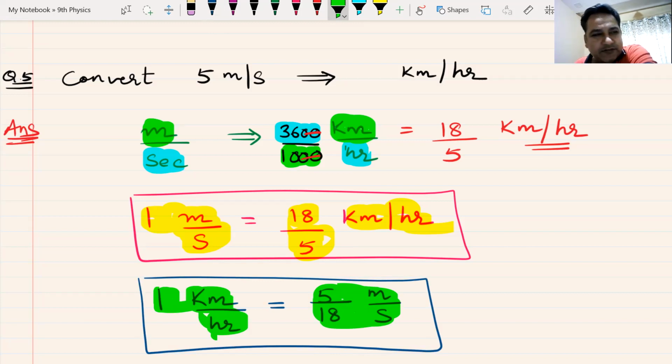And what is your answer for this one? 5 meter per second into kilometer per hour. So what will be the answer? How much in kilometer per hour? Waiting for your answers, gentlemen and ladies.